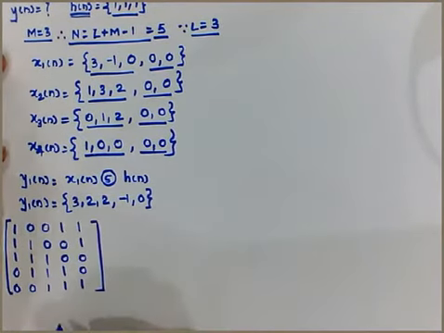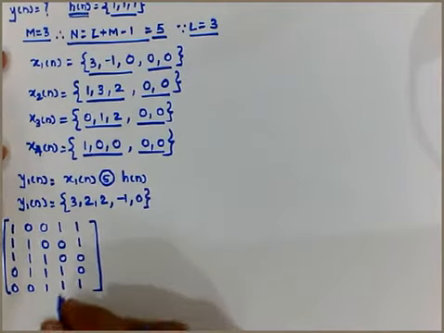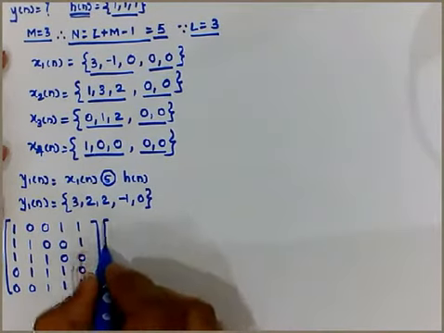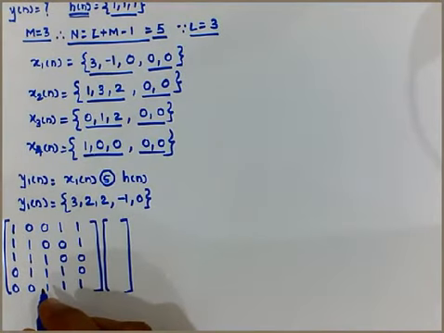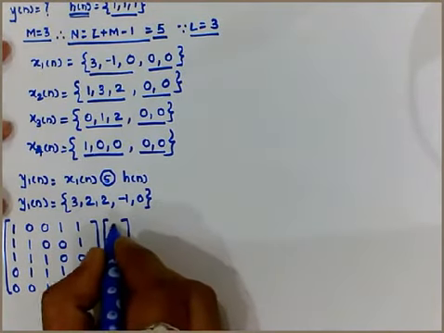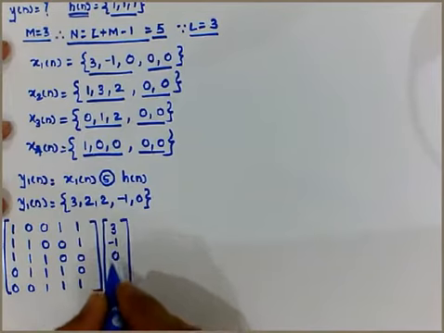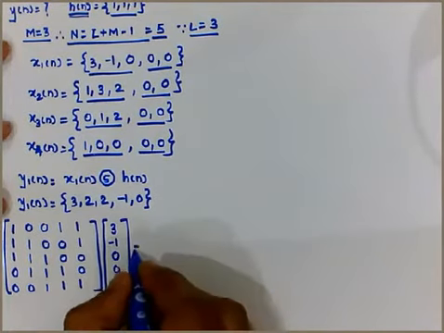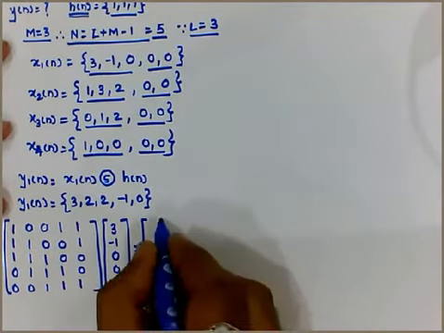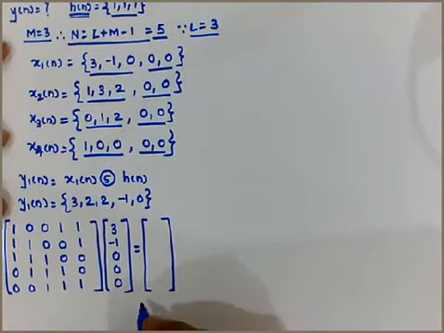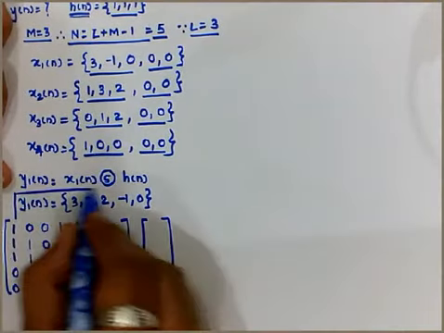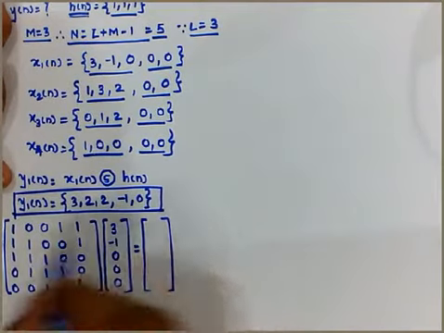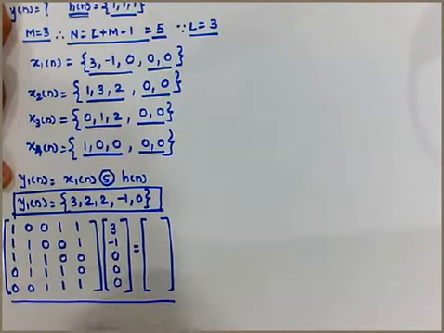This is the 5 by 5 matrix of h of n. Now the next is we need to write down x1 of n, that is 3 minus 1 0. This will give the resultant value, that is y1 of n. So let's check how this value is obtained with the help of this particular approach.